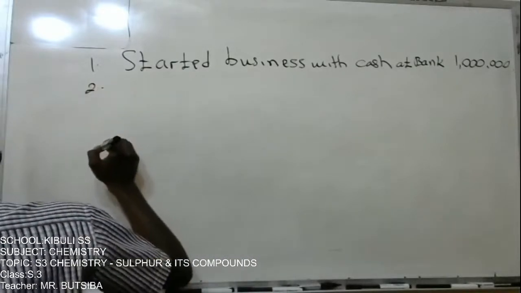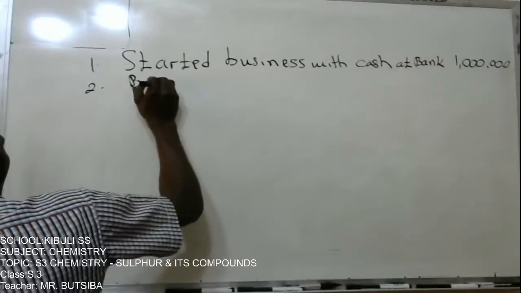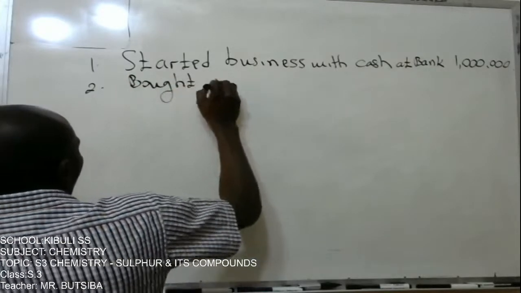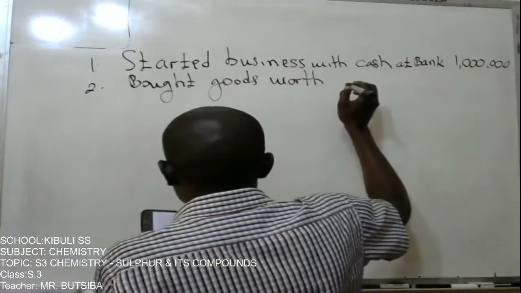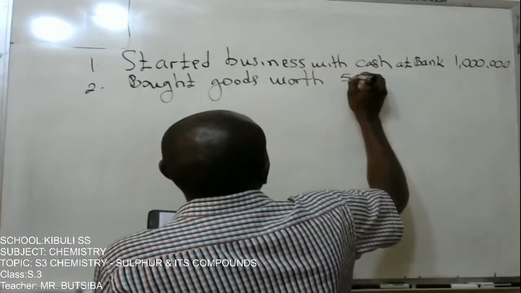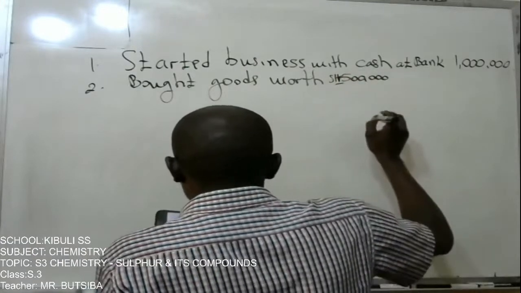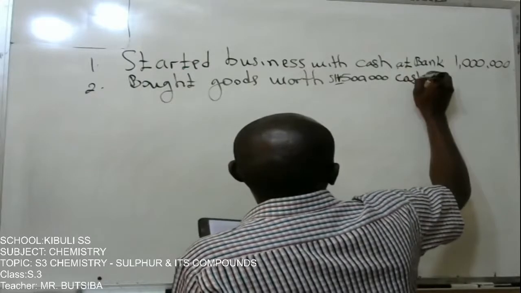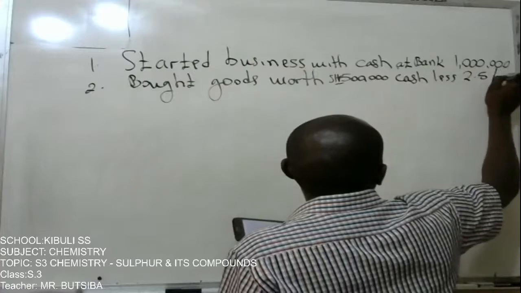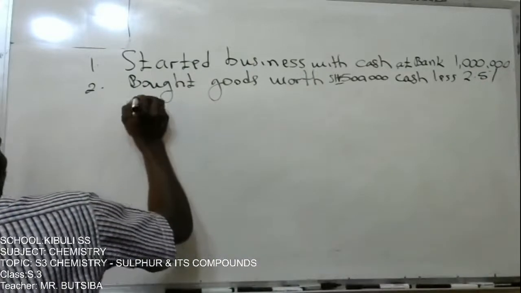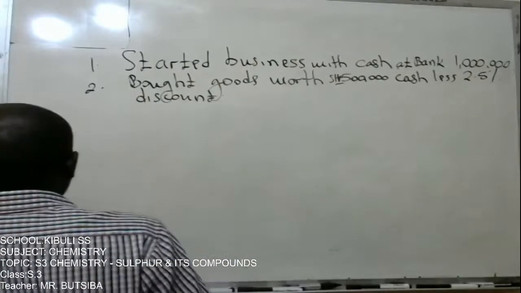Then on second, it says bought goods worth 500 shillings cash, less 2.5% discount.